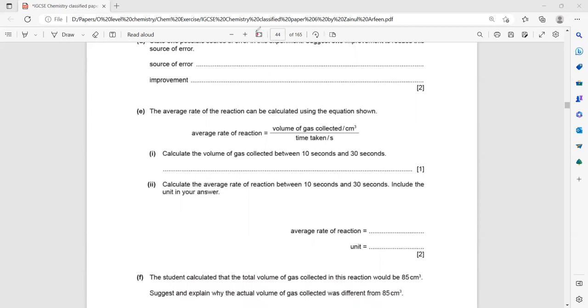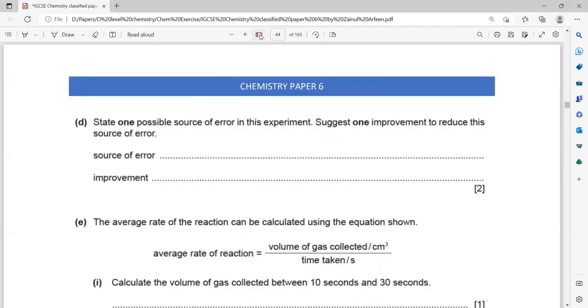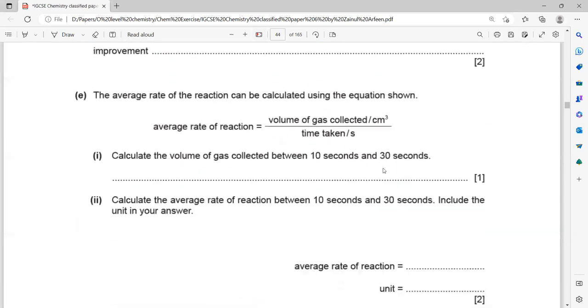The first part we'll write 35, because first they ask only to calculate. The next one we'll write divided by. So this is 35 cm cube. But then we have to calculate a rate. To calculate a rate or speed of a chemical reaction, volume of a gas collected, that was 35 cm cube, and the time taken from 10 second to 30 second, that's a time interval of 20.